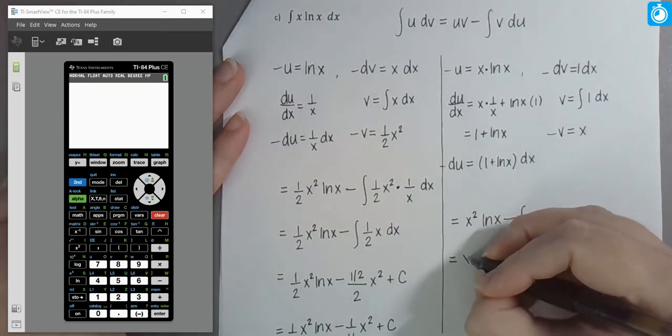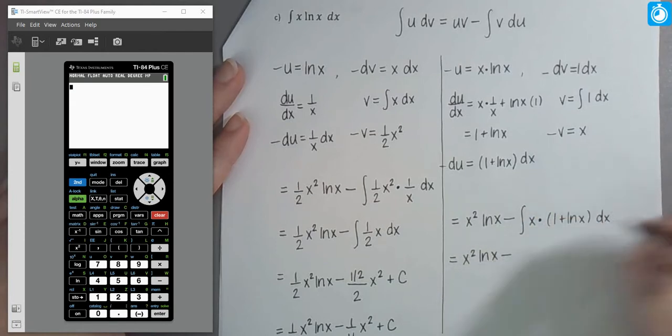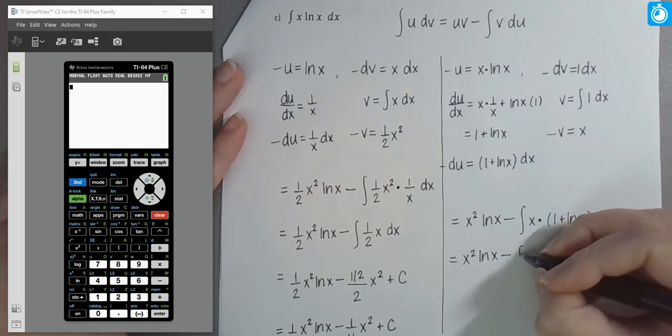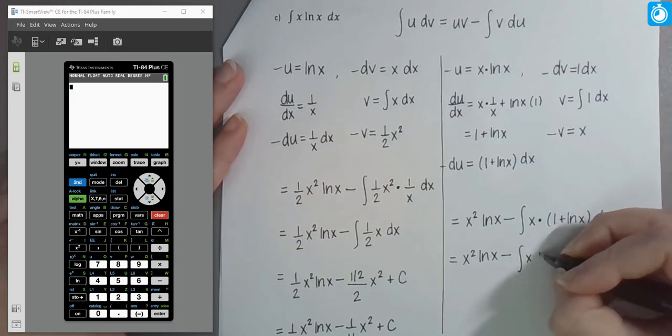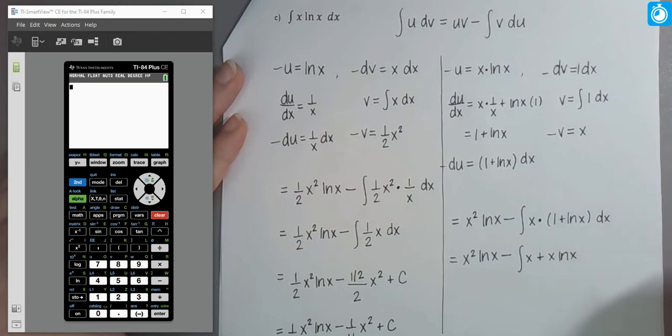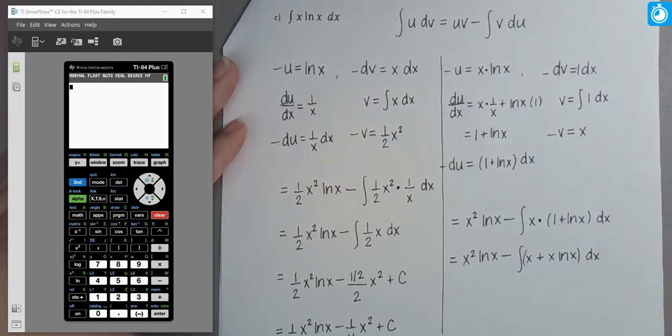So let's clean this up. So x squared times the natural log of x minus, if we were to distribute our x, that's going to be the integral of x plus x natural log of x dx.